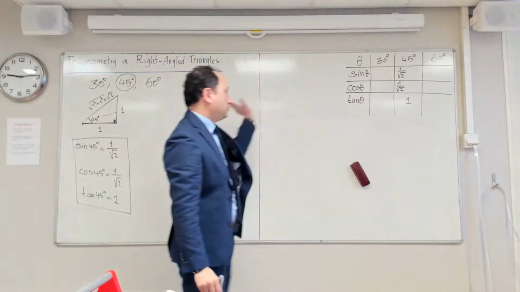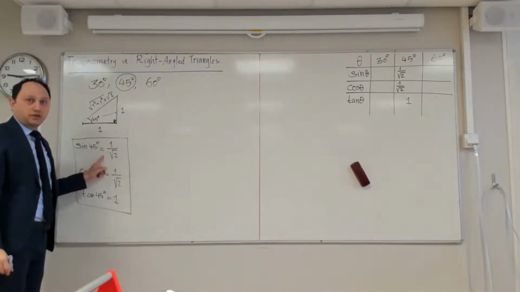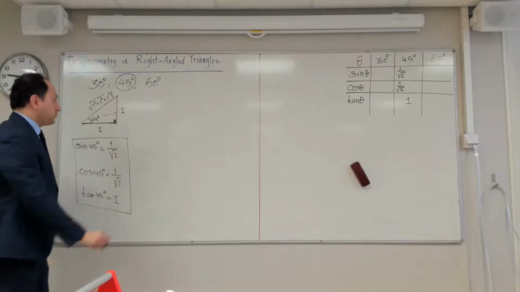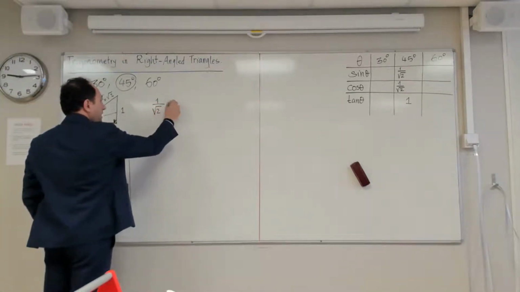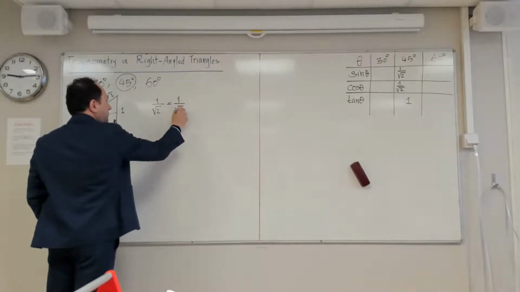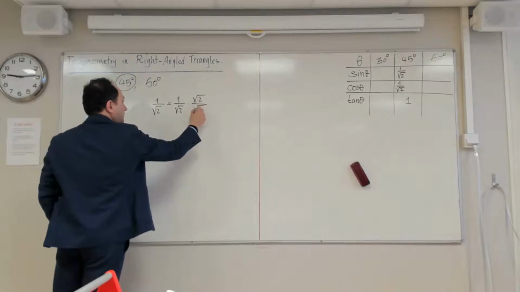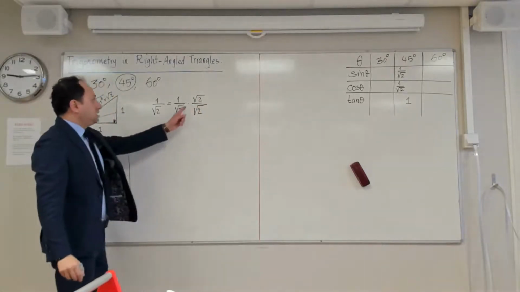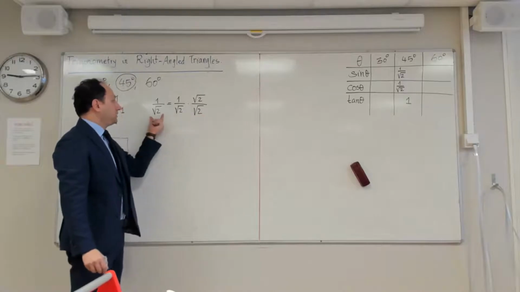The reason that I wrote it on the left-hand side is because some books write it a little differently, and I want you to know that one as well. So 1 over square root of 2, I can write as 1 over square root of 2 multiplied by square root of 2 over square root of 2. This is 1, so I am multiplying this expression by 1.